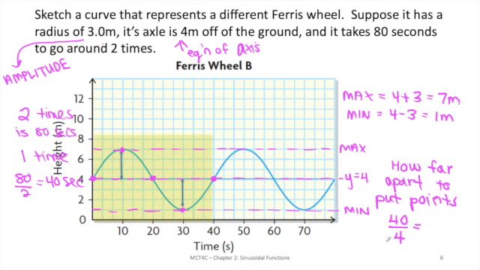You will always divide your period by 4 to figure out how far apart those dots go, which is 10 seconds. Even if your period was 180, you would divide it by 4 to figure out how far apart you put your points. So that goes for any graph, not just this example. You will always divide by 4.